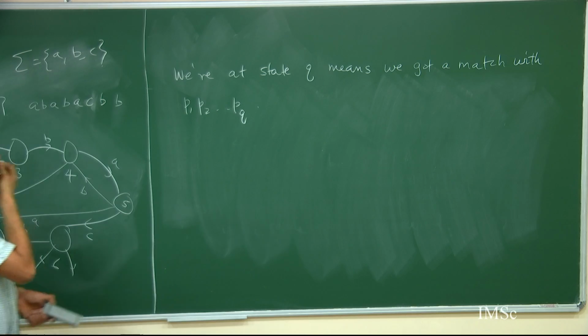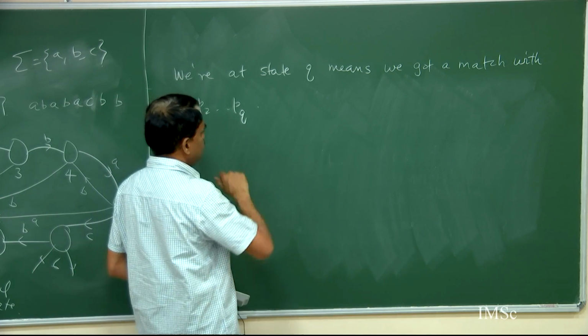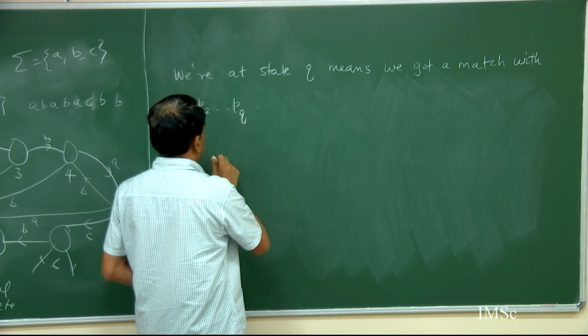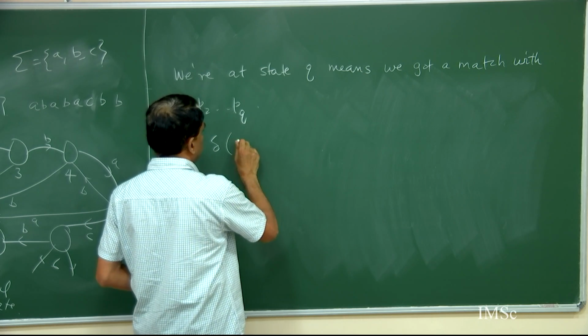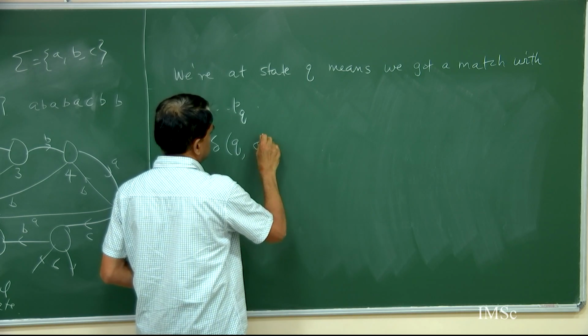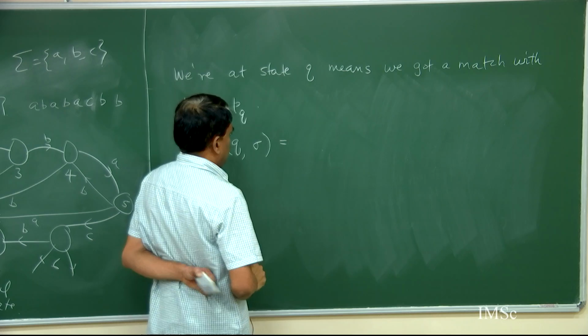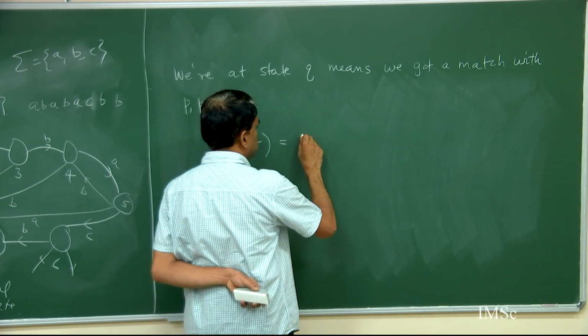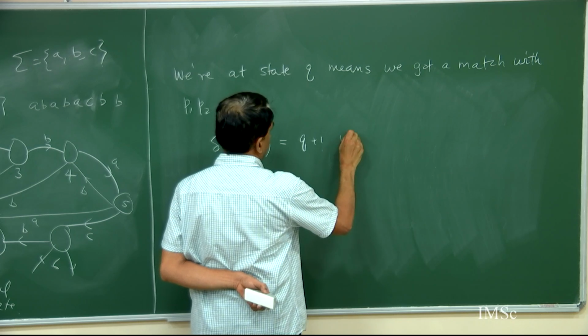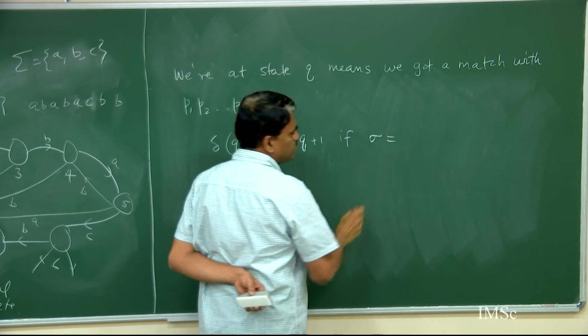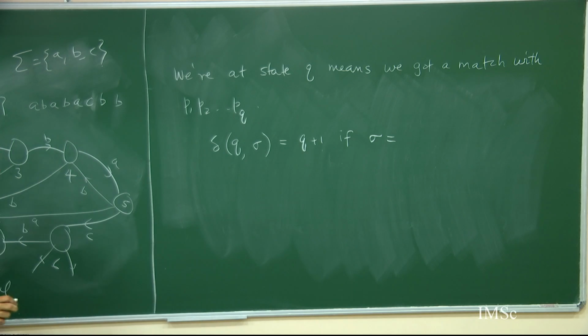So, now I get an A. So, delta of q and sigma is equal to q plus 1 if sigma is equal to PQ plus 1, right.